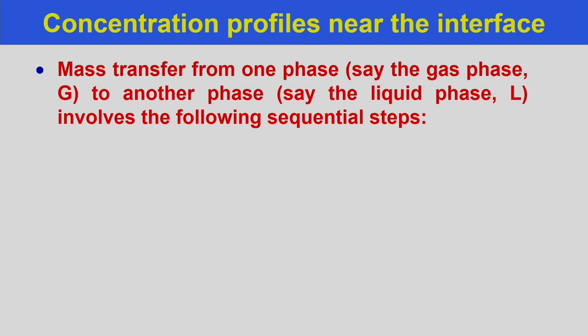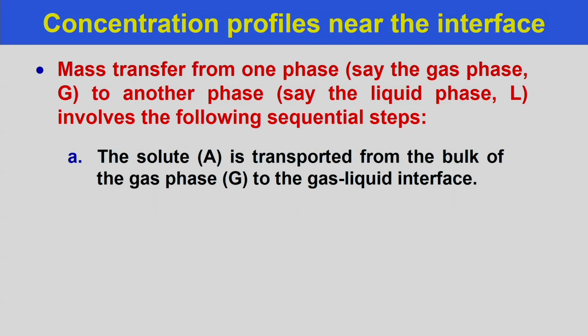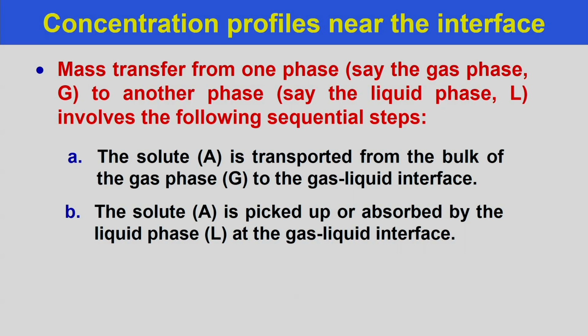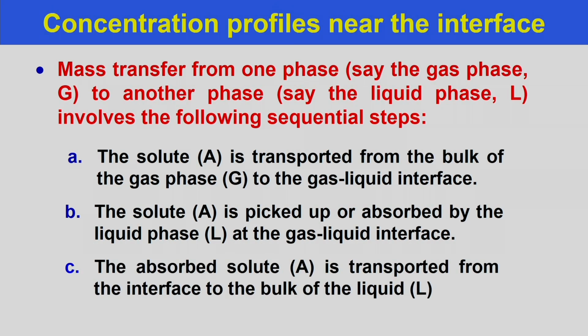Now, what would be the concentration profile near the interface? Mass transfer from one phase, say the gas phase G, to another phase, say the liquid phase L, involves the following sequential steps. The solute A is transported from the bulk of the gas phase G to the gas-liquid interface. The solute is picked up or absorbed by the liquid phase L at the gas-liquid interface. The absorbed solute is transferred from the interface to the bulk of the liquid.